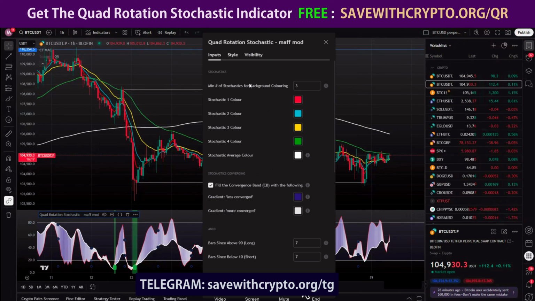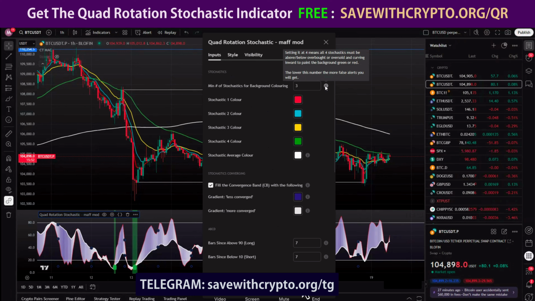But yeah, in terms of what's tidied up here, these are all now grouped so that stochastics is the main one, and the stochastic average color is out of there. Also just tidied up the tooltips in these a bit, so you can get some hopefully fairly clear explanations of each of these.